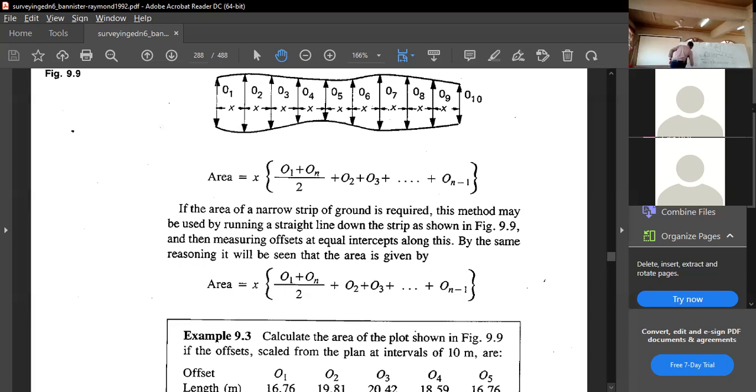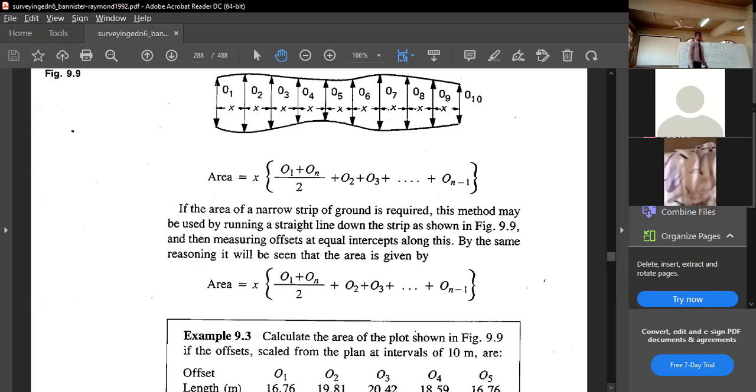So n minus 1 equals 7 is telling us something: that the 7th offset is determined by the number of strips. The number of strips formula is actually number of offsets minus 1. The number of offsets, isn't it? 6. Okay. So what is n? What is 7 in this formula?